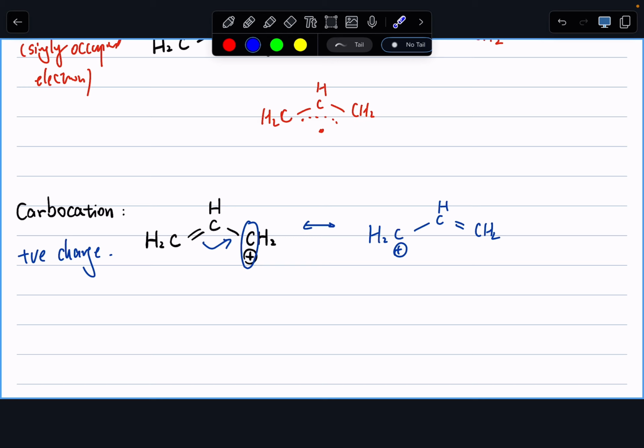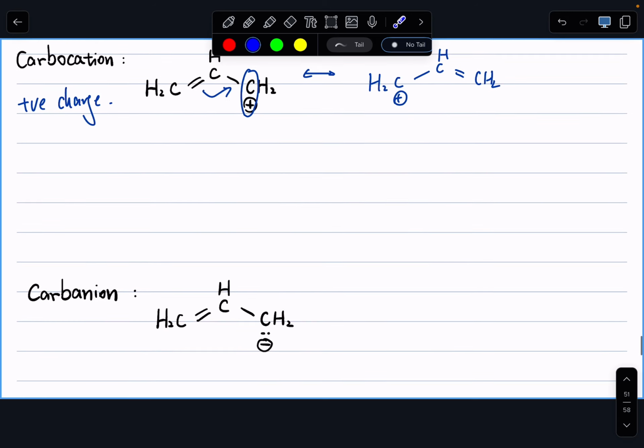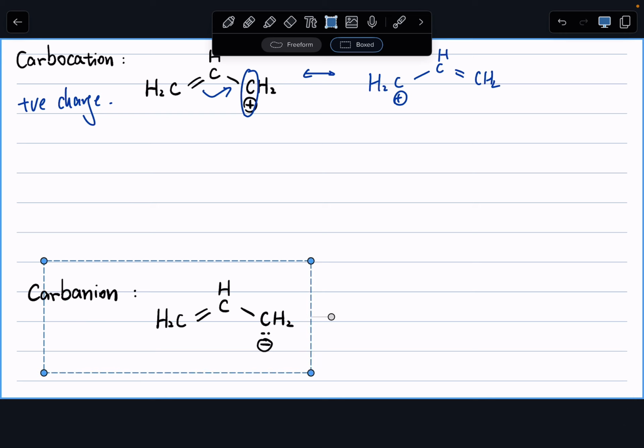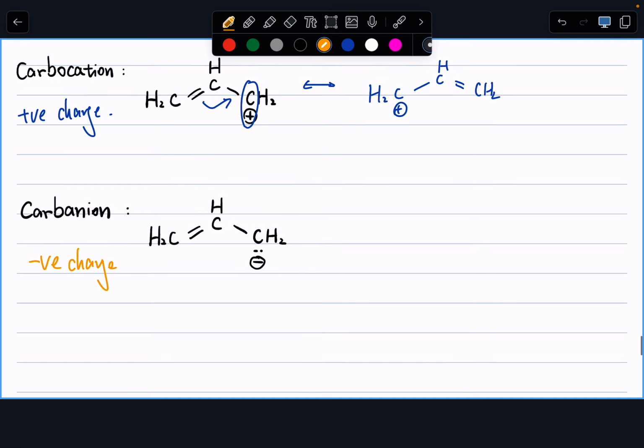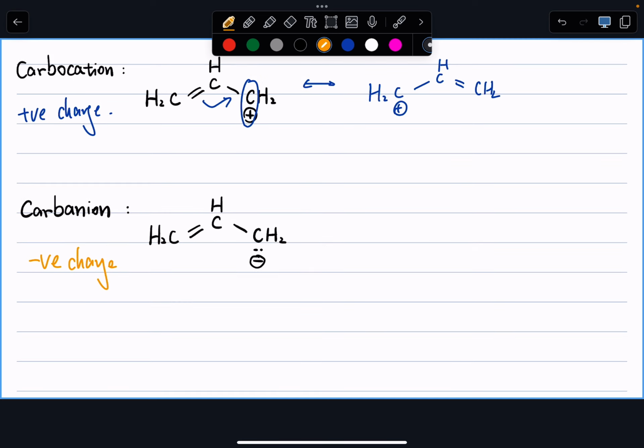So allylic carbocation, allylic radical. And then the third example is an allylic carbanion. This is a negative charge. So pushing it this way, we end up having a single negative charge on the left.